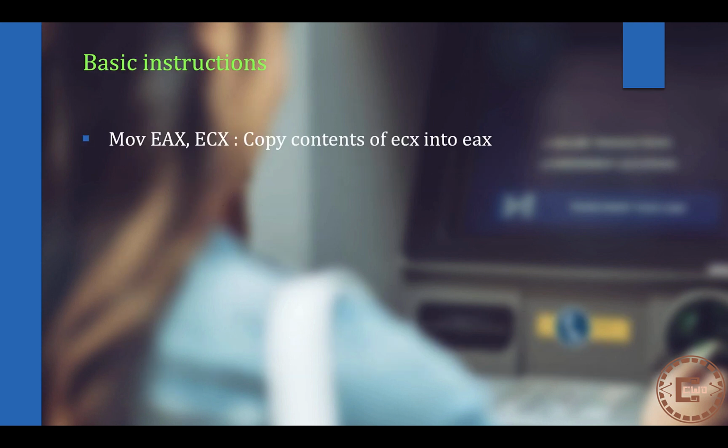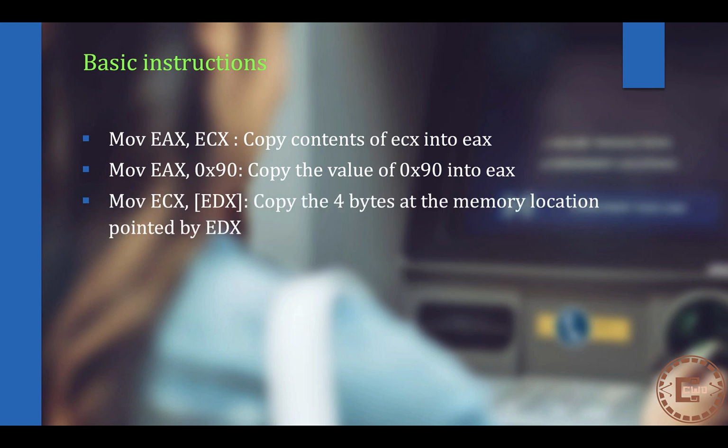Let's see basic instructions, guys. MOV EAX, ECX. You saw that previously. It's normal. This basically copies the contents from ECX into EAX. Okay? MOV EAX, 0x90 copies the value 0x90 into EAX.